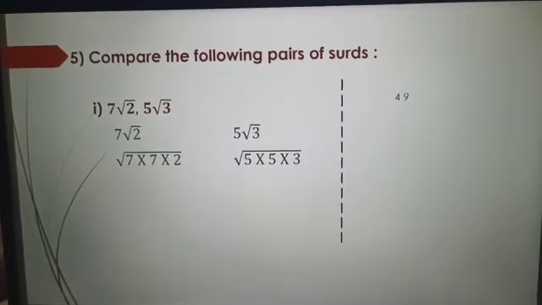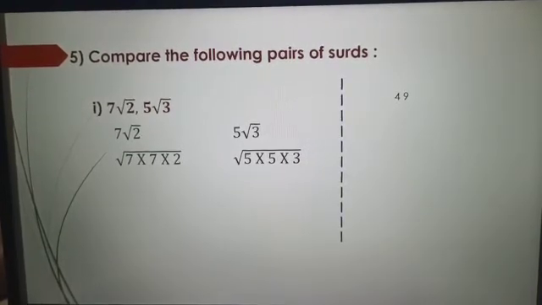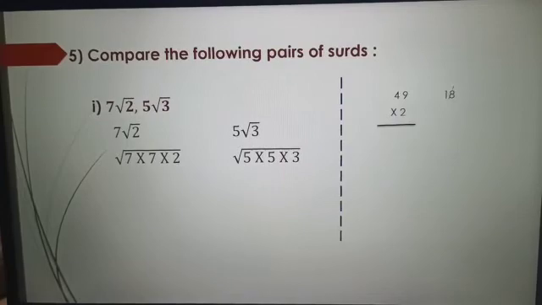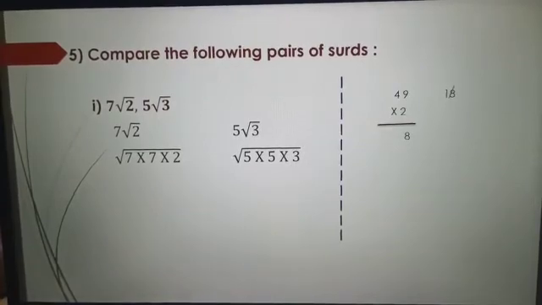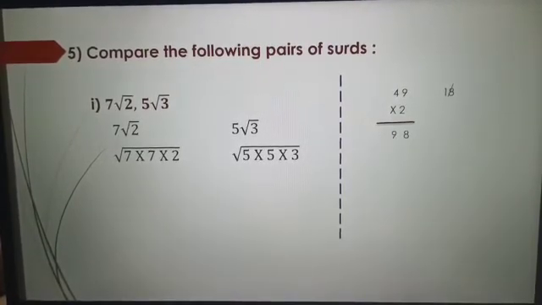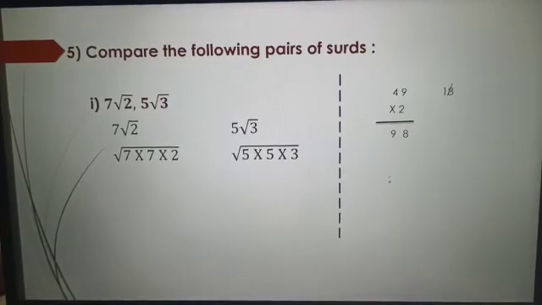Here 7 sevens are 49. So 49 twos are 9 twos are 18. So 18 should be written down and 1 is carrying. So now multiply the other number, that is 2 4s are 8 and 1 carrying. So 8 plus 1 is 9. The answer is 98. And next one is 5 5s are 25.